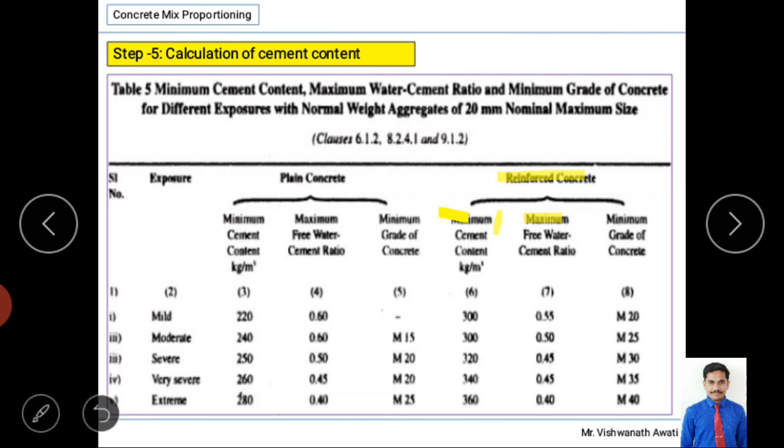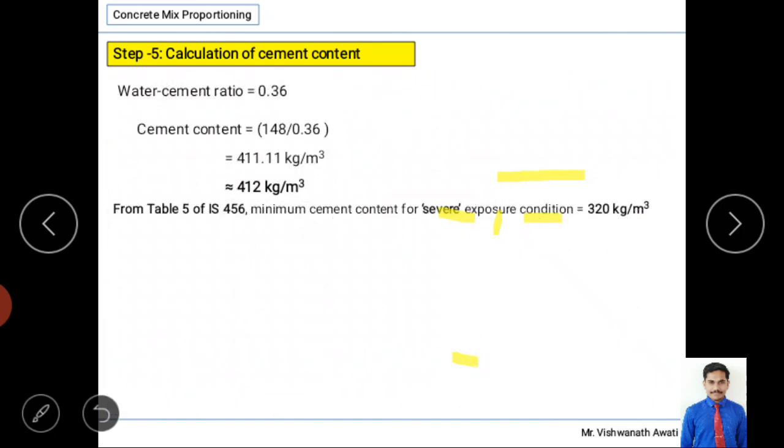But here it is the minimum cement content, and for which condition? Severe condition. For severe condition the minimum should be 320 kg, but what we got from the calculation is more than 320, so no problem. In the calculation we got 412, so 412 kg per meter cube is the required cement for the concrete. So remember all the main values: water cement ratio, cement content, water content, all are very important.